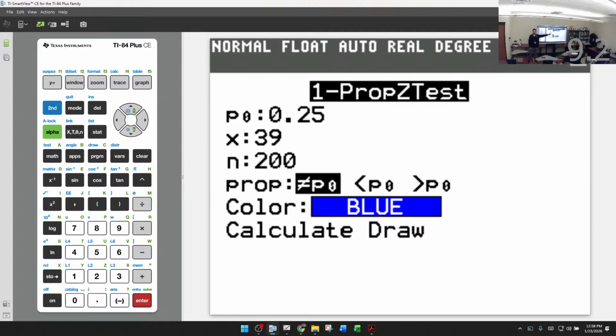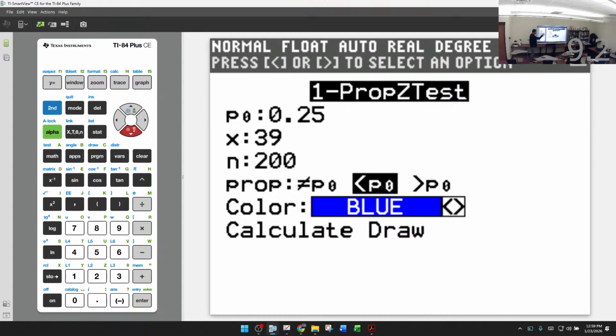Here's X, that's my 39 people that have the job out of the 200. Please remember that X cannot be a decimal. If it is, it's going to give you an error. So round it. Then I go down here and this one says less than p0. That's what I want. The next one says greater than p0. So basically this is my Ha.